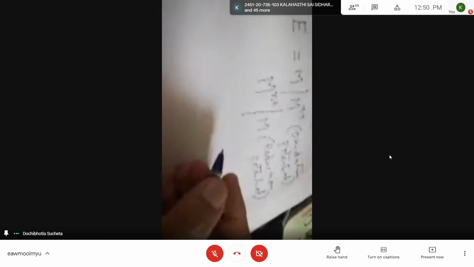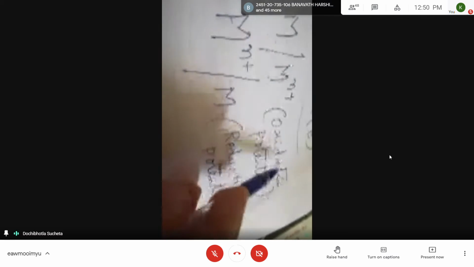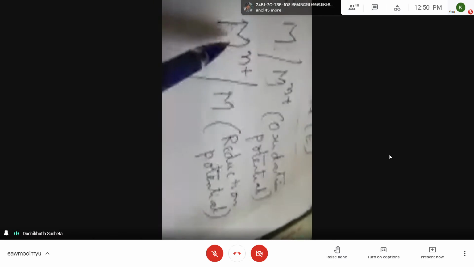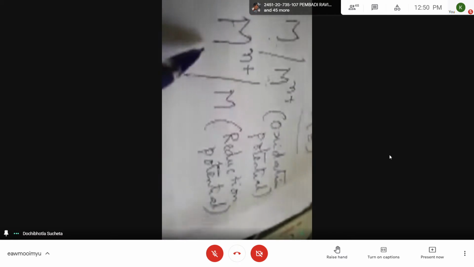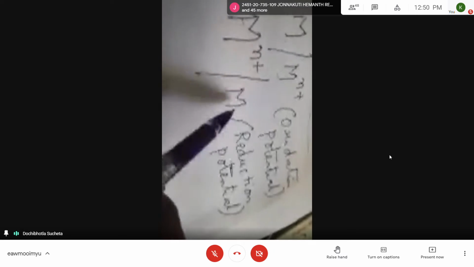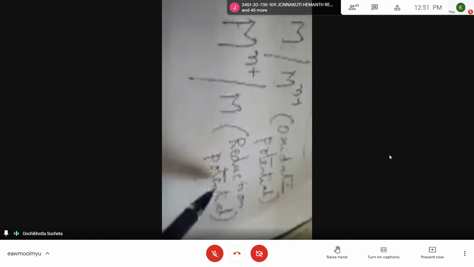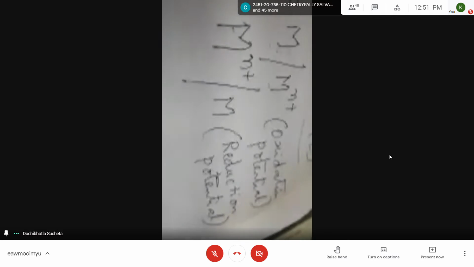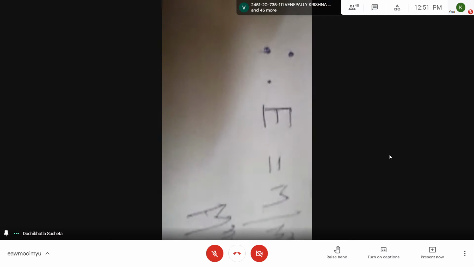Zn slash Zn 2 plus is the oxidation potential. Which underwent reduction? Copper, ma'am. So how can I write the reduction potential? Cu 2 plus slash Cu is the reduction potential. Correct? Yes, ma'am. Okay, good.